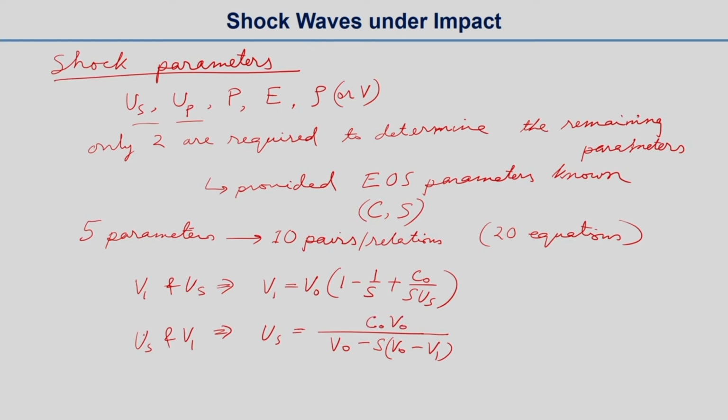So, just to show you that this is one pair. There can be 2 equations from these pairs, and you can reverse it, and that is how you can get 20 equations out of these 5 parameters.